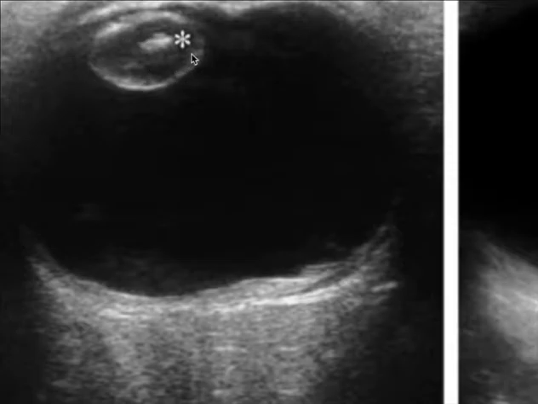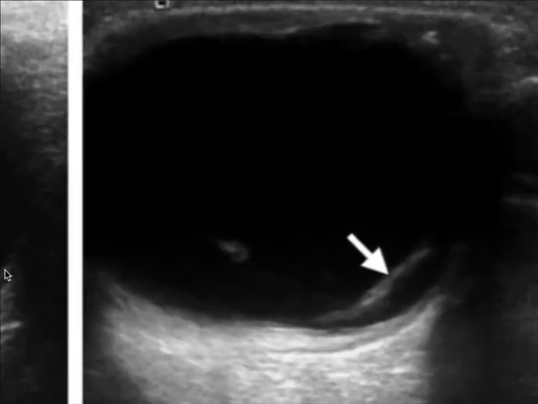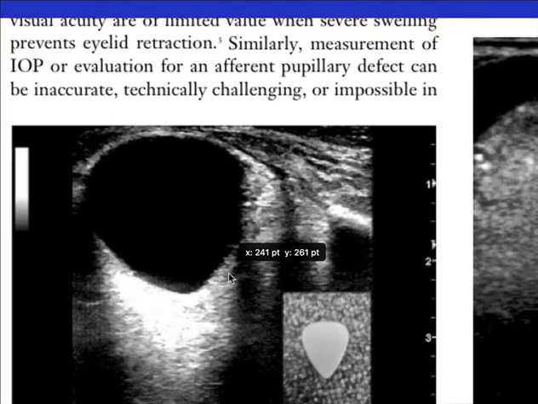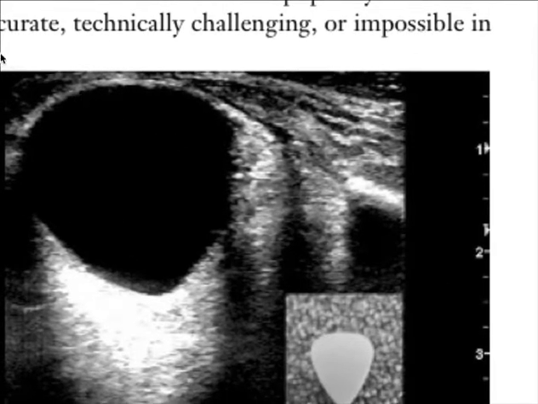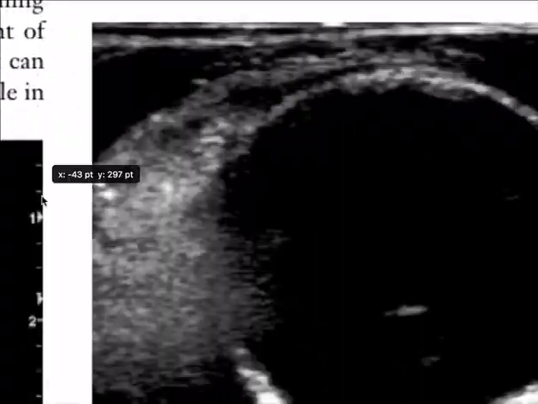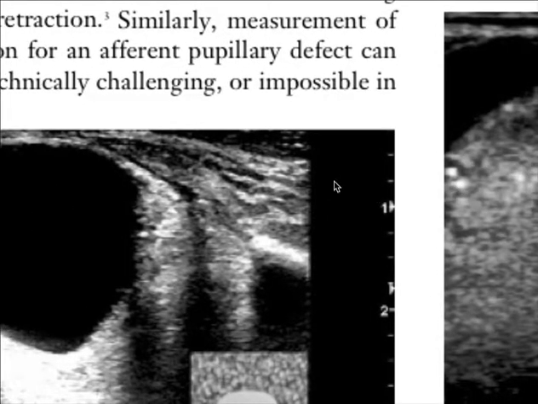Here's an extrusion of the lens. It's a retinal detachment. Here's actually a globe malposition where it doesn't look the correct shape. This is a patient that has increased pressure, where the globe, this is a normal circle, and this patient has an abnormal shape.